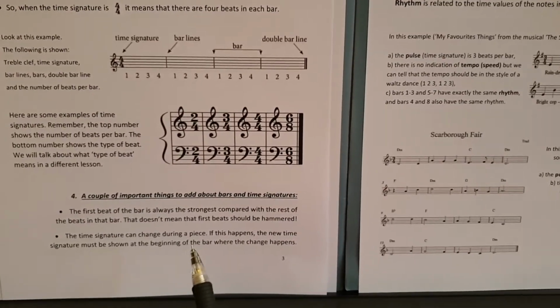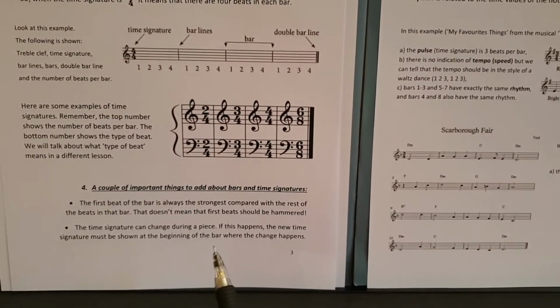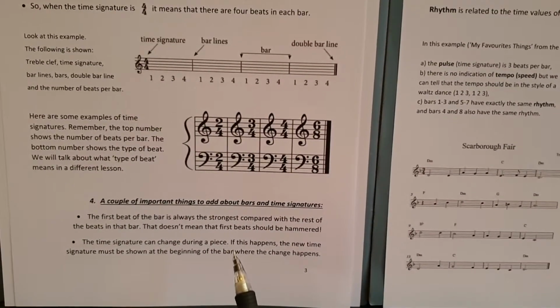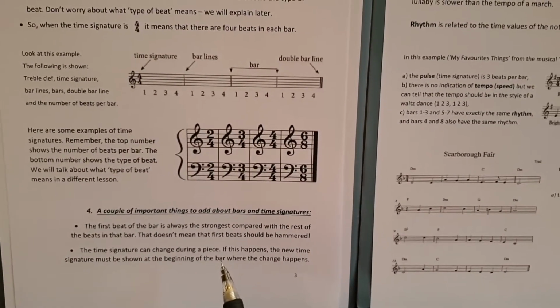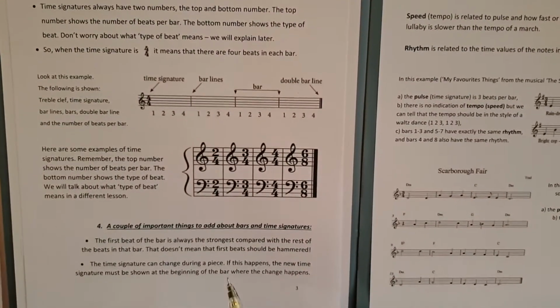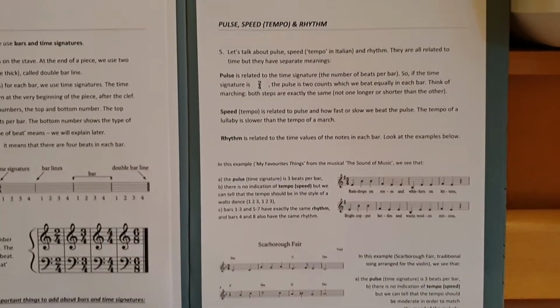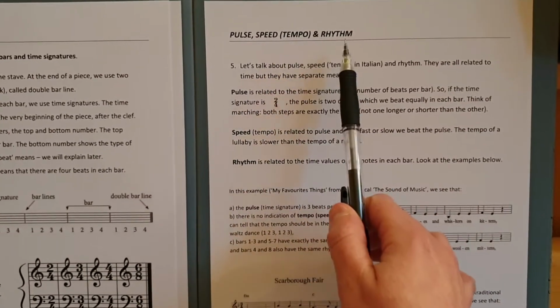A piece can have different time signatures within it, but if the time signature changes, then we must show that at the beginning of the bar where the time signature changes. If we go now to the 4th page, pulse, speed, tempo and rhythm.